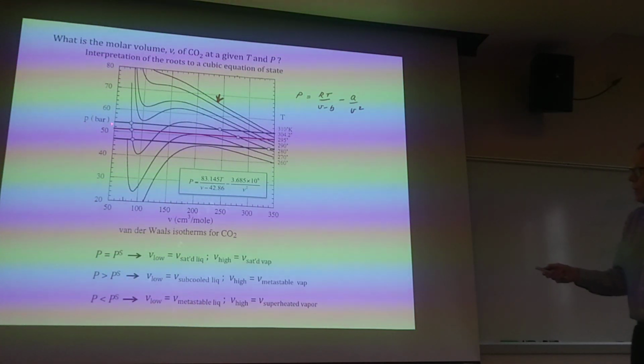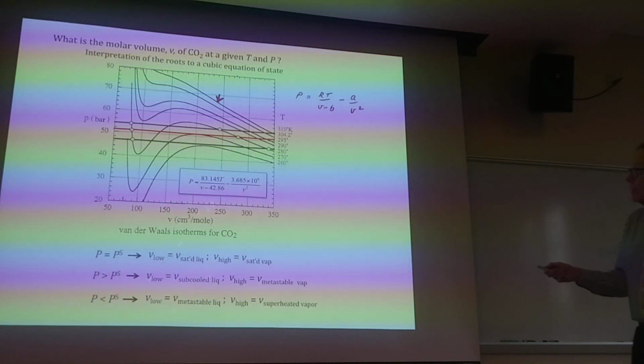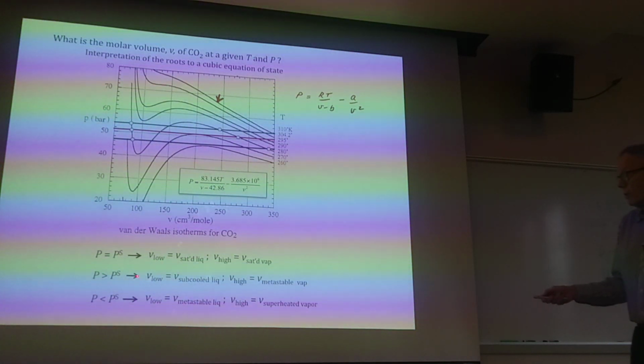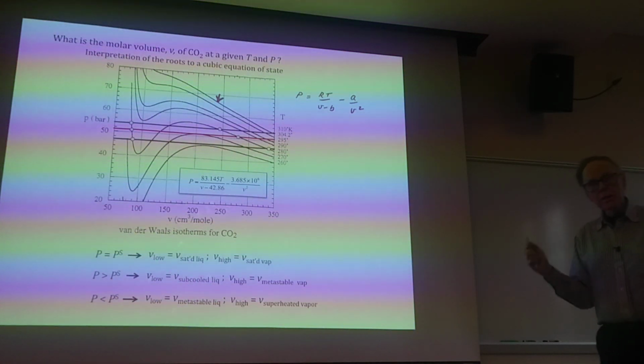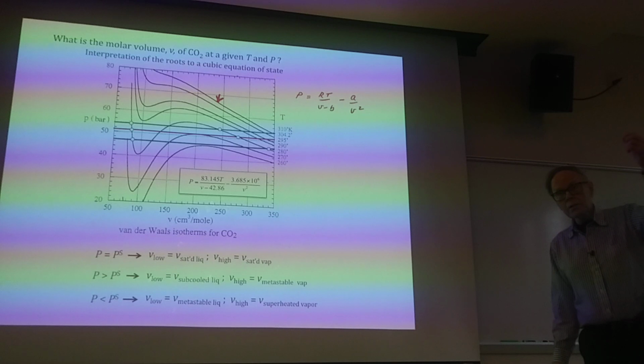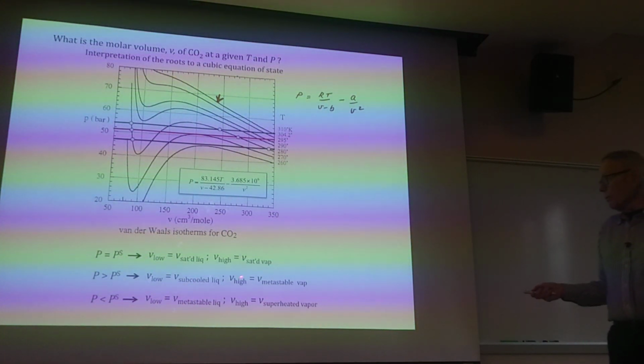So if the pressure of interest is above the vapor pressure, then what I get for the low one is subcooled liquid. That's going to give me actually a stable liquid. But what I get over here for the vapor is a metastable vapor.